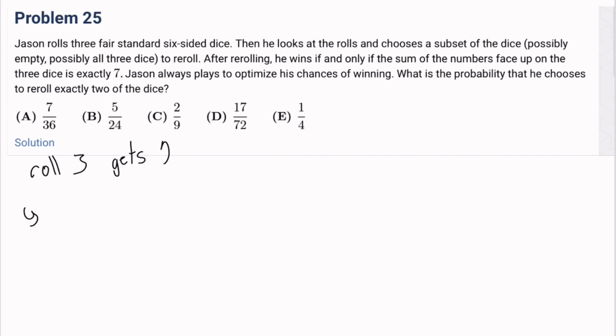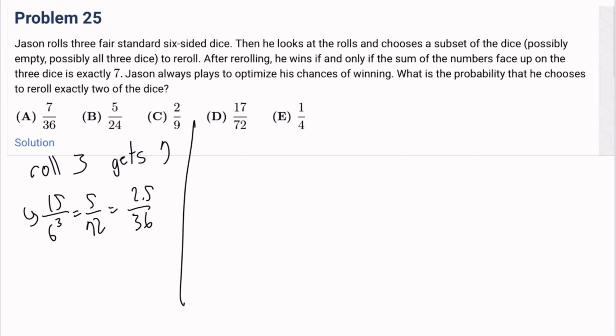And so this will give us 15 over 6 cubed, right? Because we rolled 3 dice. So this is equal to 5 over 72. And so now let's look at when Jason actually chooses to re-roll some of the dice, right?